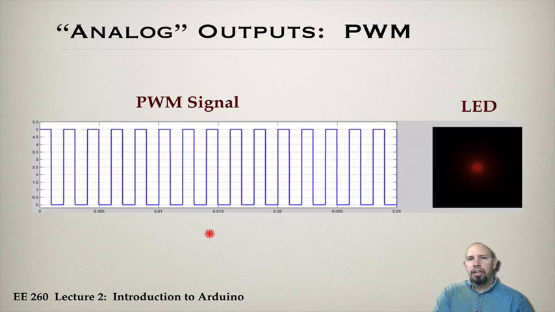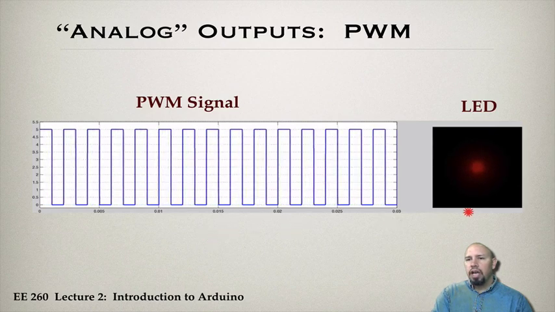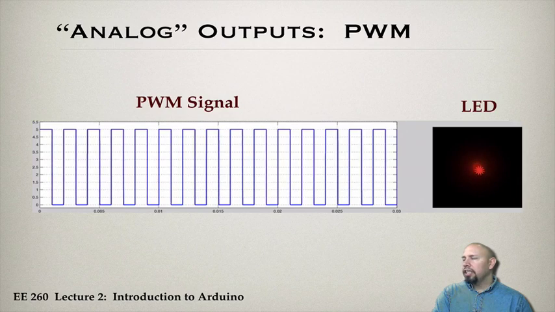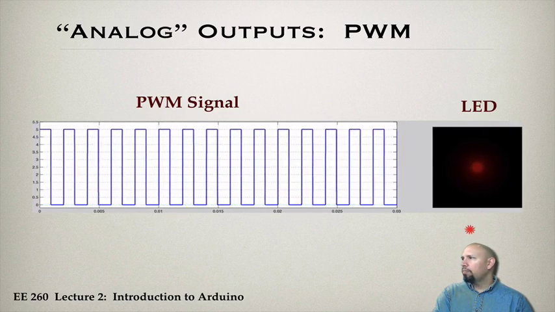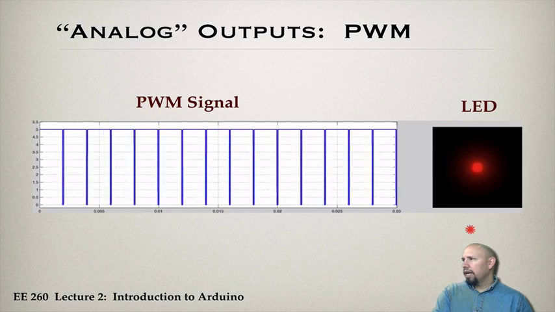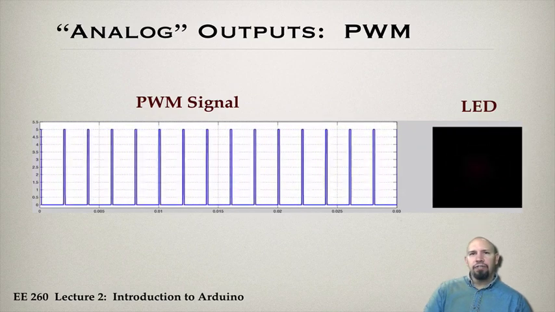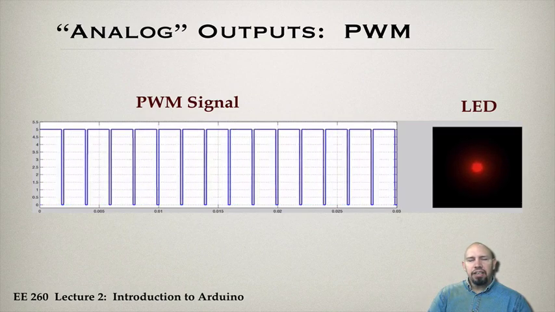Now the duty cycle is decreasing until it goes all the way to 0. And here, as the duty cycle increases, basically the LED is on more of the time, and so it appears brighter.